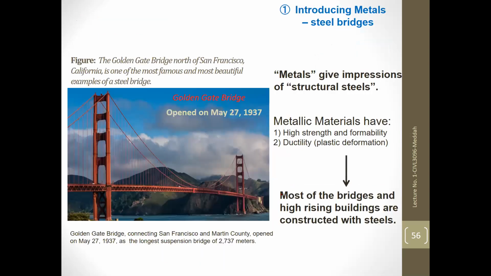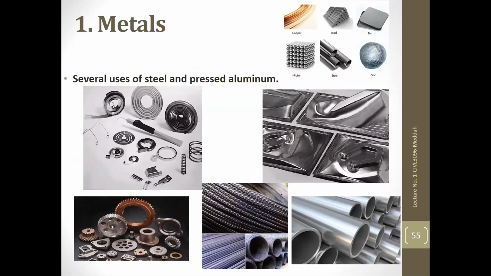This is just a few examples, and you can think of many more that you can see in your daily life where different types of metals are used. If you just look around you in your house, you will find several items that are basically made with different types of metals.